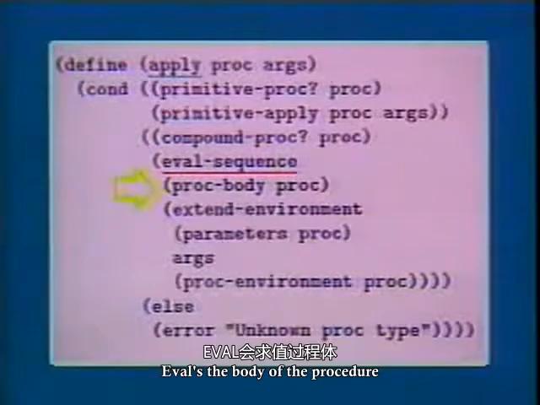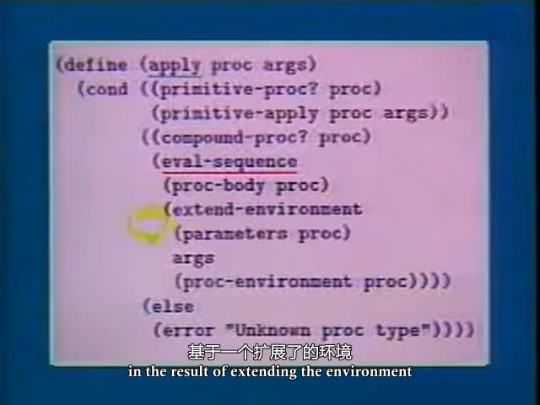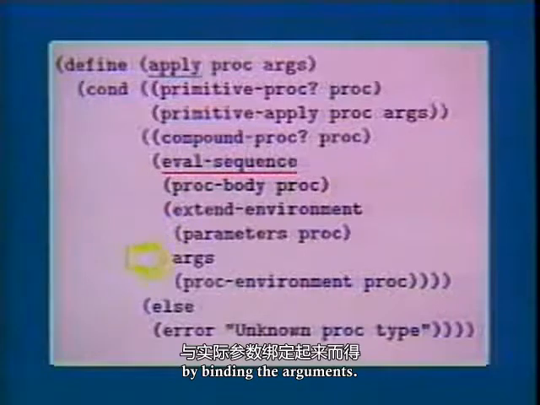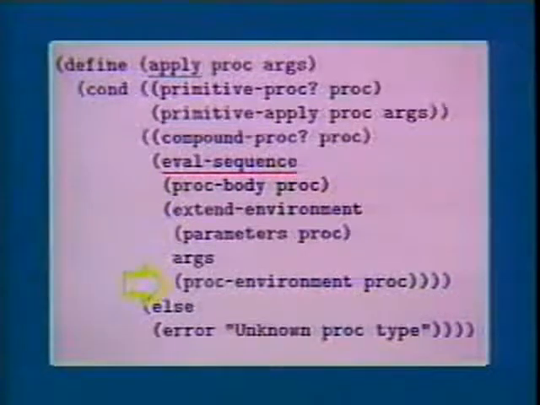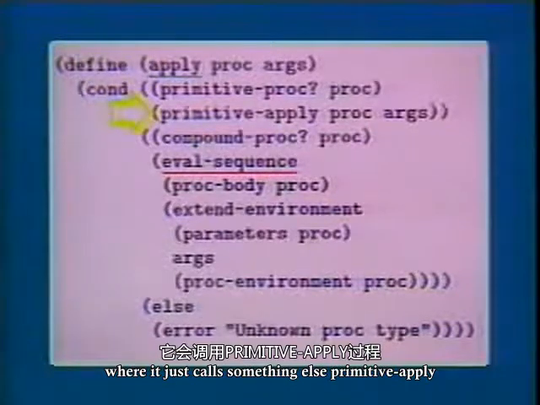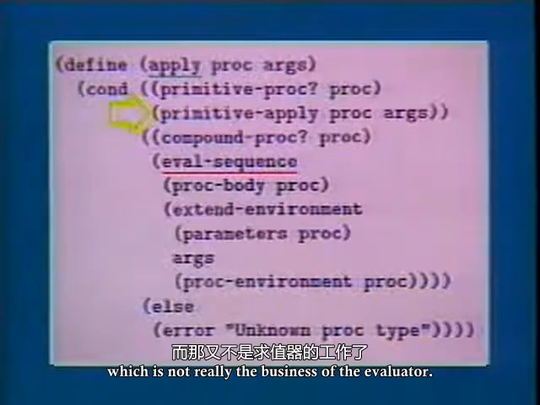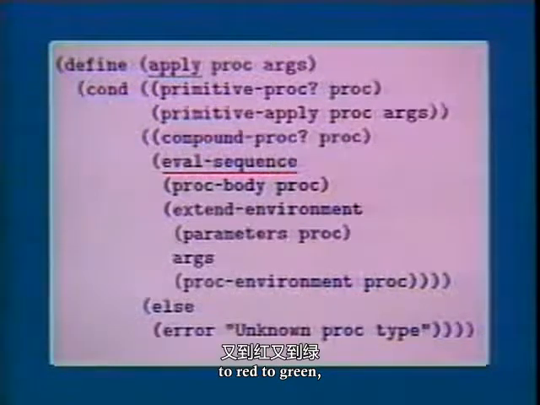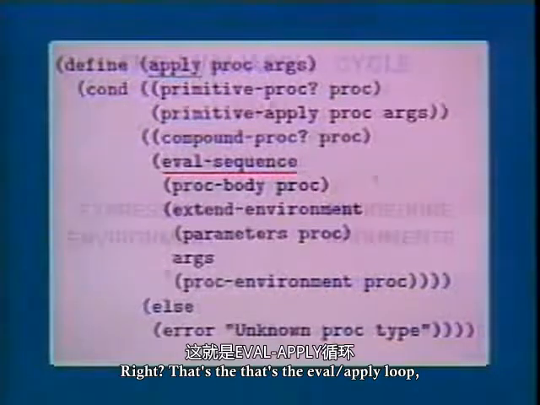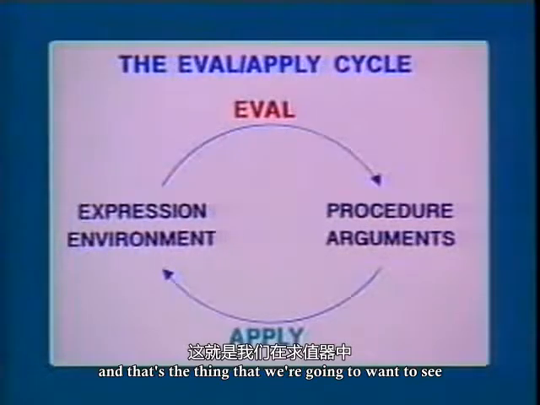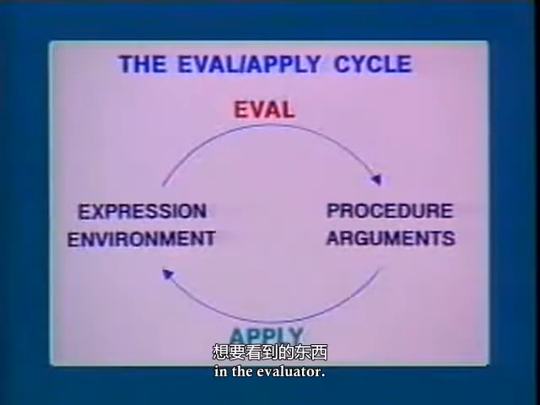Eval is the body of the procedure in the result of extending the environment with the parameters of the procedure by binding the arguments. Except in the primitive case where it just calls something else, primitive apply, which is not really the business of the evaluator. So this sort of red to green, right, that's the eval apply loop, and that's the thing that we're going to want to see in the evaluator.